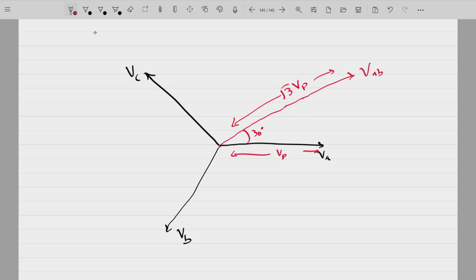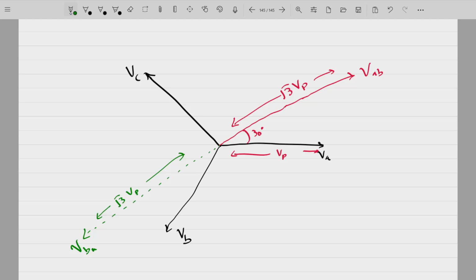If this is VAB, VBA will be simply opposite to this. ठीक है. ये again magnitude इसका root 3 Vp है. This is 30 degrees. Therefore this is at an angle of 180 from that.